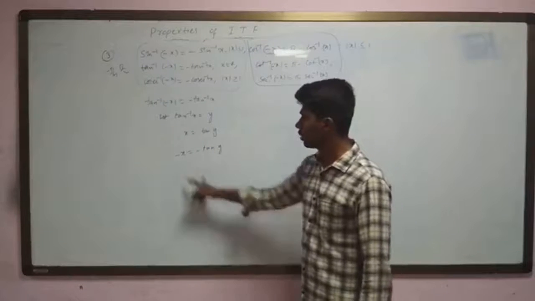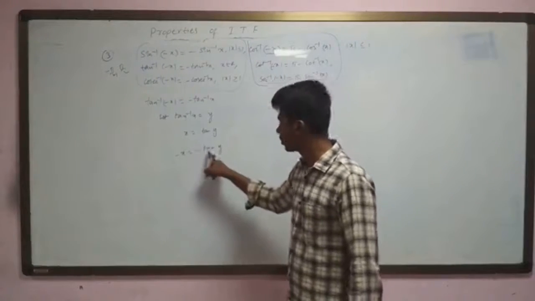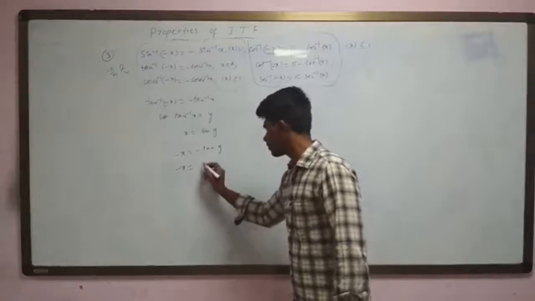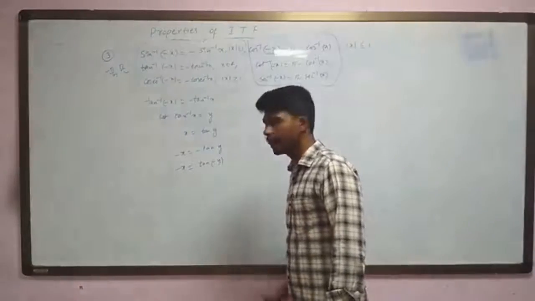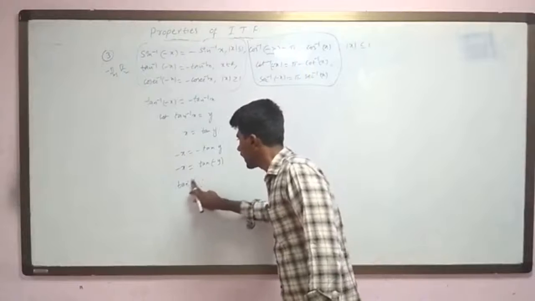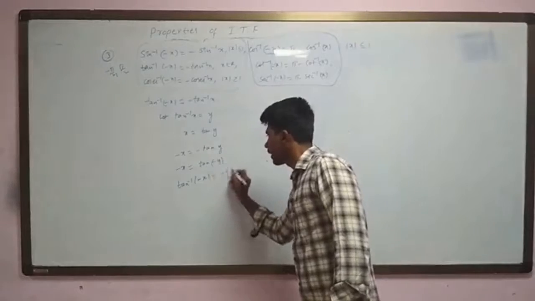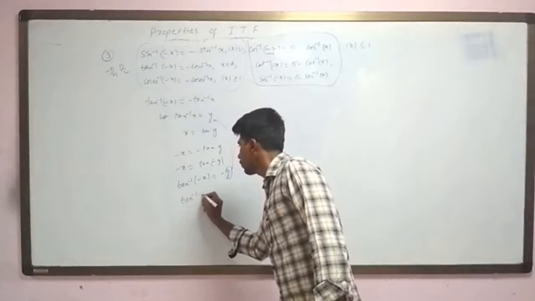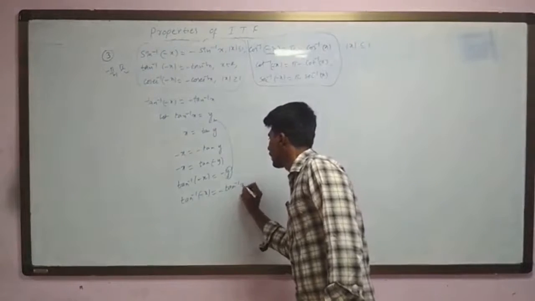Now I have to apply tan inverse. Minus x is equal to minus tan y, which can be written as tan of minus y. So tan inverse of minus x is equal to minus y. We can replace this y by tan inverse x. So we get tan inverse of minus x as minus tan inverse x.